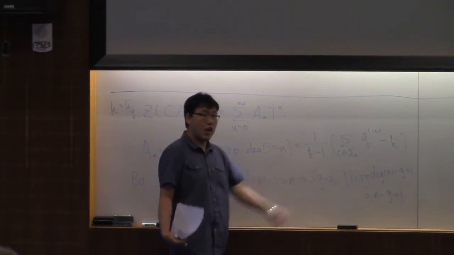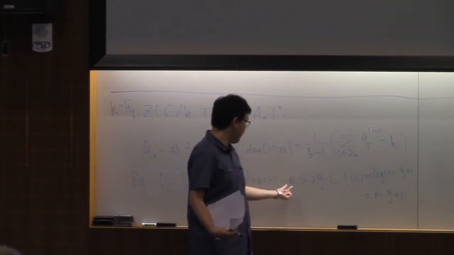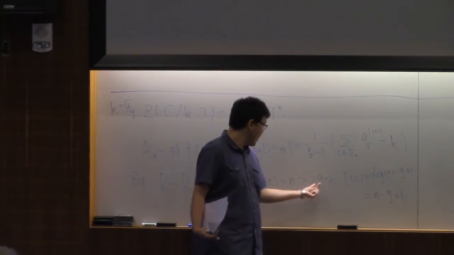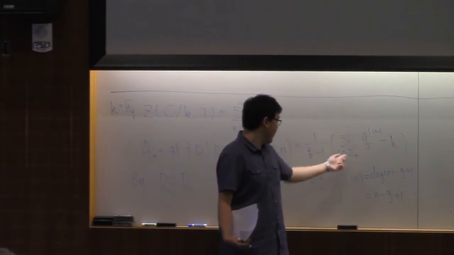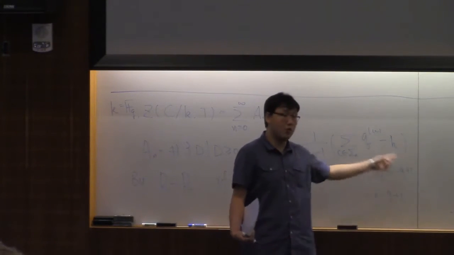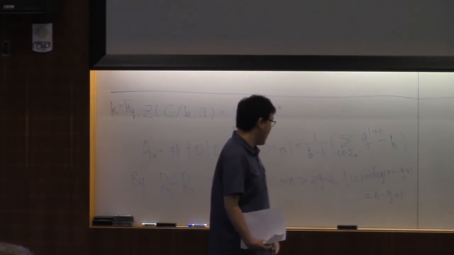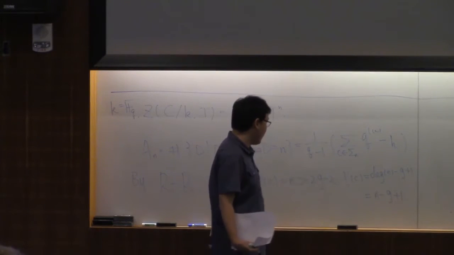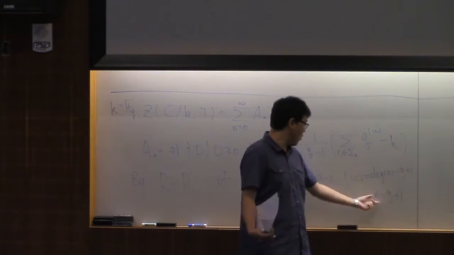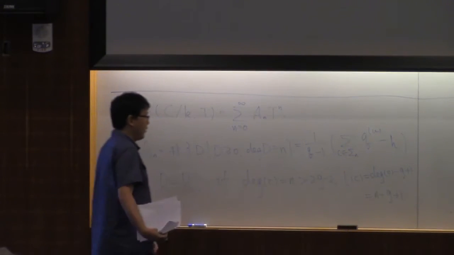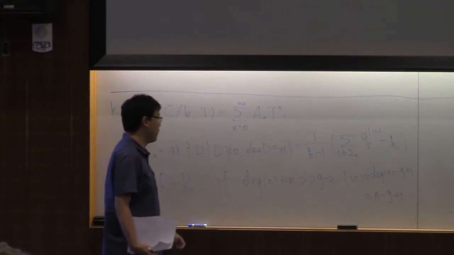If the divisor is large enough, to be more precise, as long as the degree is bigger than 2g minus 2, then the Riemann-Roch theorem tells you that this dimension is equal to the degree minus g plus 1, or equivalently n minus g plus 1.